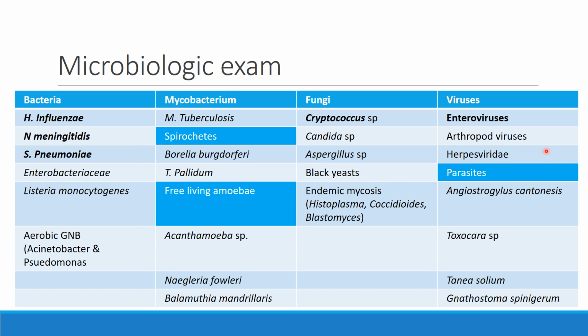We know that herpes virus likes to infect neurons, and if it can infect neurons, it can get to the central nervous system. And then there are a few parasites also. It is very rare for these to get to the central nervous system, but these are things that we would look for if a doctor suspected it.